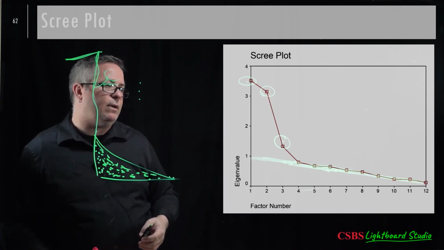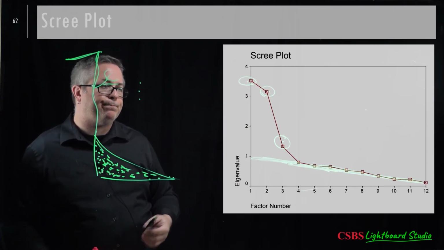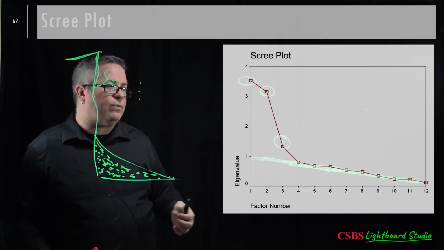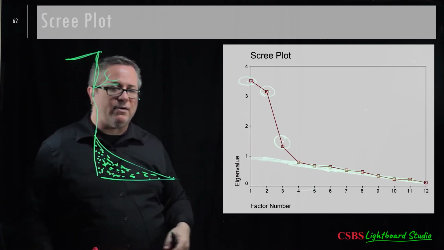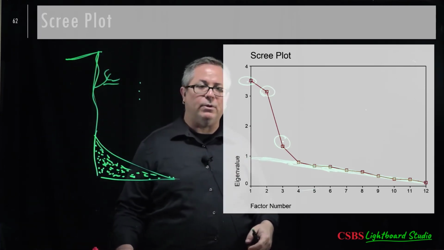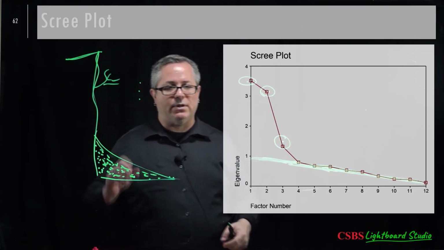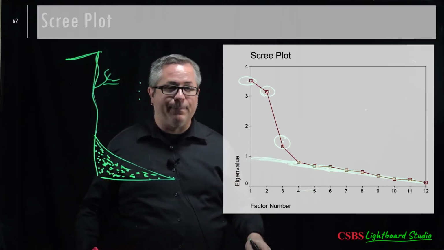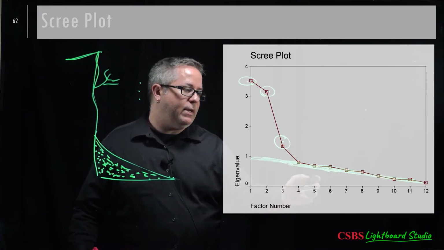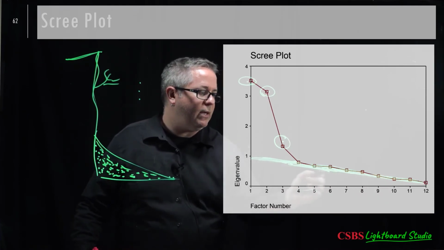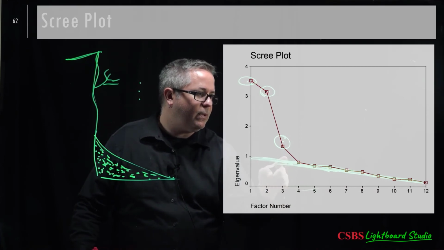It hasn't given me any more real information. Now, oftentimes that's what's going to happen. The Scree plot's going to bring you to the same conclusion that the Kaiser criteria, the default criteria, will anyway. Every once in a while, if I was to be really super strict about drawing a straight line here, this particular point here actually falls sort of above the line.